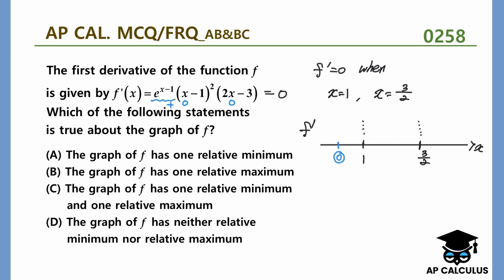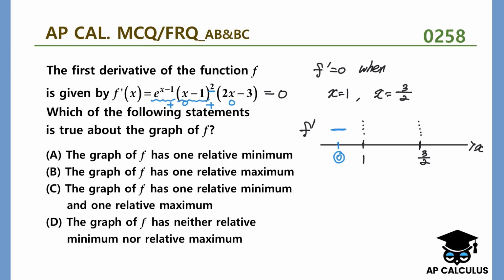So 0 minus 1 squared is positive, right? If we have a square, this expression is always positive. If we substitute 0 here, then 0 minus 3 is negative, right? So positive times negative is negative.